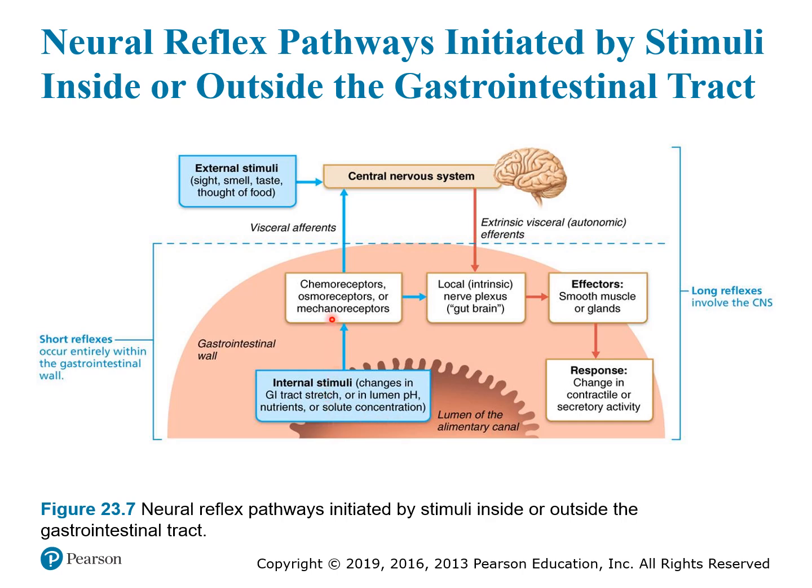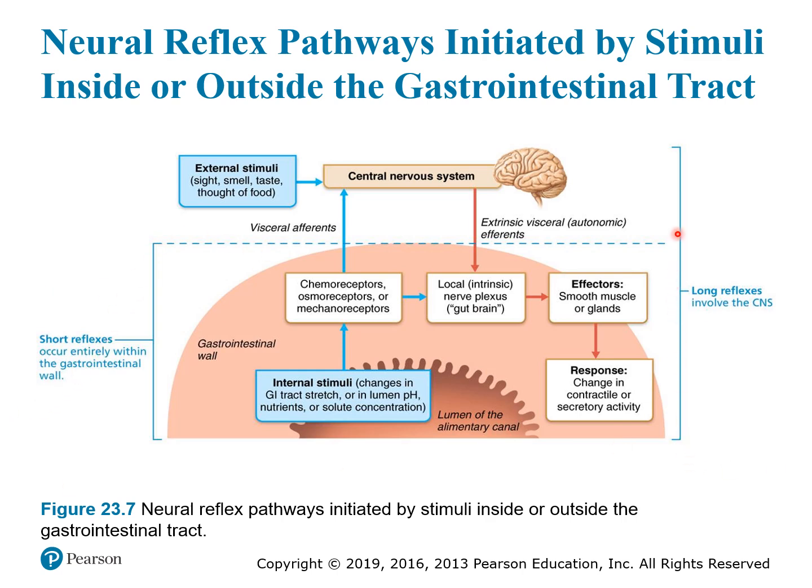These stimuli stimulate chemoreceptors, osmoreceptors, and mechanoreceptors, and those signals go to the local nerve plexus, that is the gut brain, which is the submucosal and the myenteric plexus. Then they send a response to the effector smooth muscles or glands in the gut, and the response is a change in the contractile or the secretory activity. So these are the short reflexes.